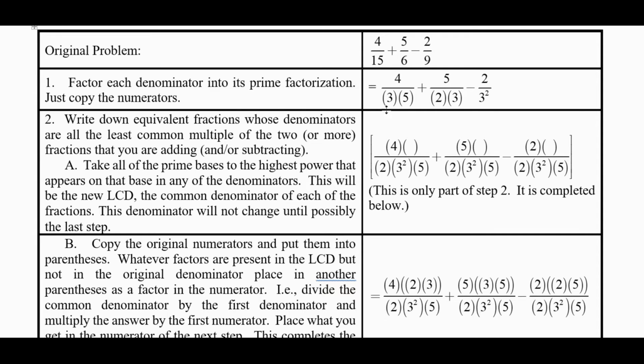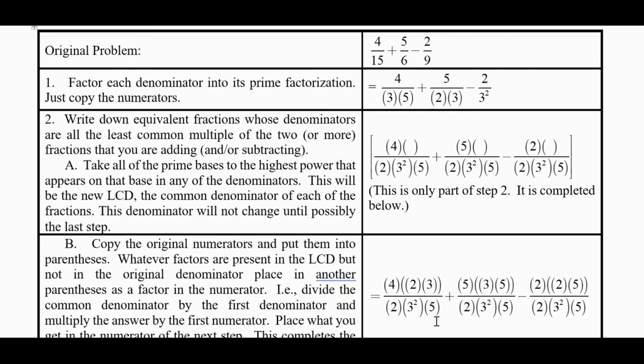In this case, there's that second 3 and the 5, which means that we multiply top and bottom of that first fraction by the 2 and the second 3; the 5's already there and the 3's there, excuse me. So we multiply by a 2 and a 3 in the top and bottom.